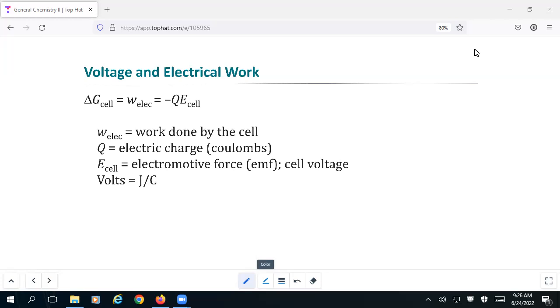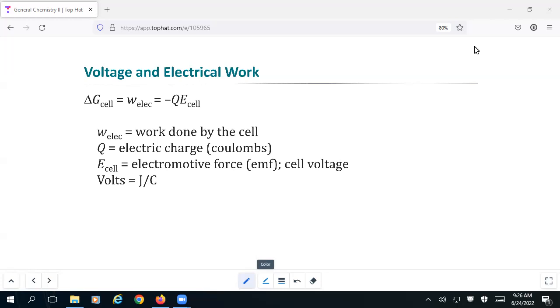Well, what we can build off of this is that there is a direct relationship between the measured voltage of that cell and the work done by that cell, which is the free energy of the cell.